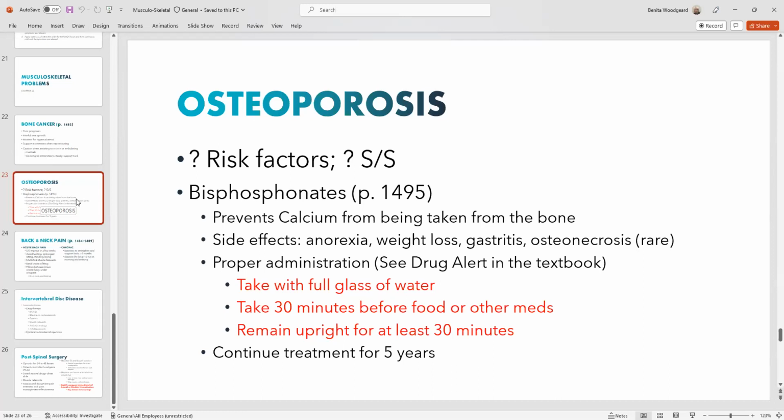Another drug that you want to be familiar with for this exam is calcitonin. When patients have low serum calcium levels, we can treat them with calcitonin, but the drug, from what I understand, actually pulls calcium from the bone to get it into the serum and get our serum calciums up.